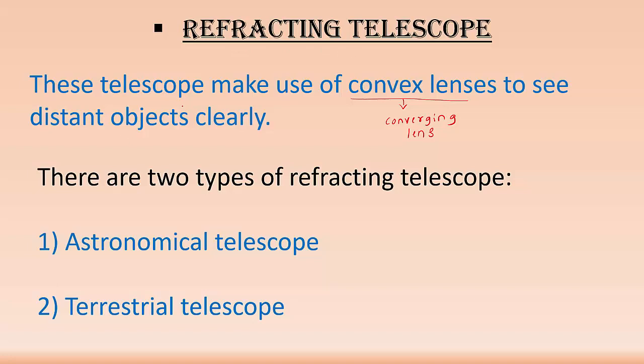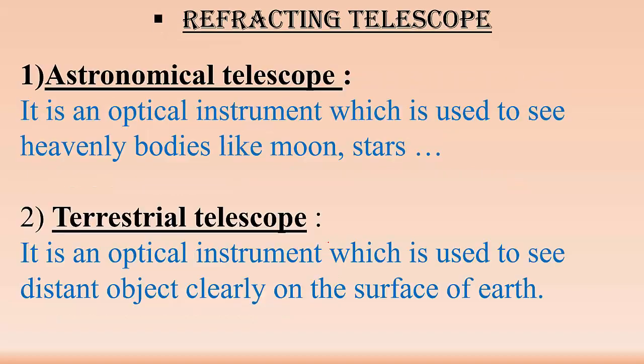Again in the refracting telescope, there are two types, that is the astronomical telescope and the terrestrial telescope. What is an astronomical telescope? This optical instrument is used to see heavenly bodies. Heavenly bodies means we can see the moon, stars, and planets.